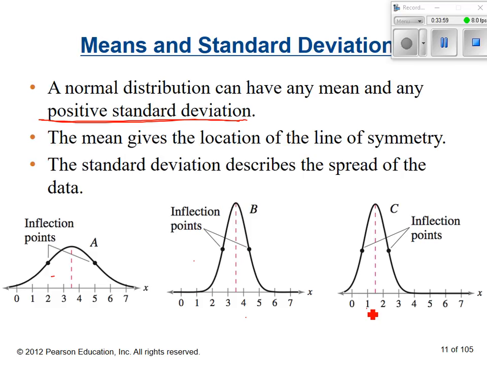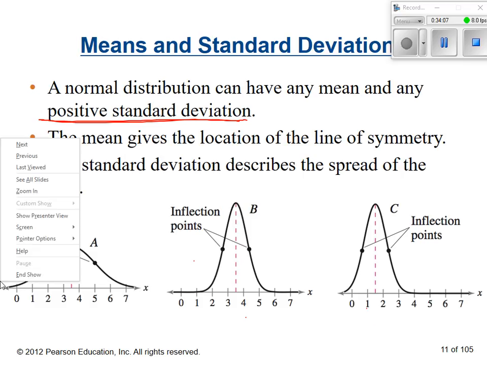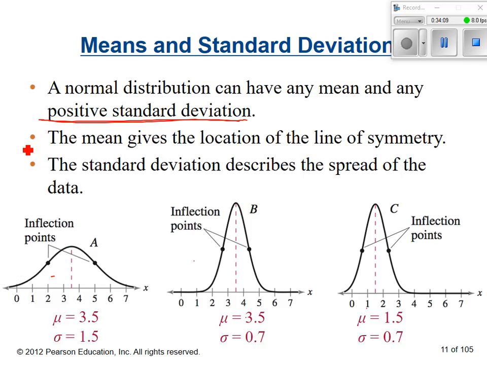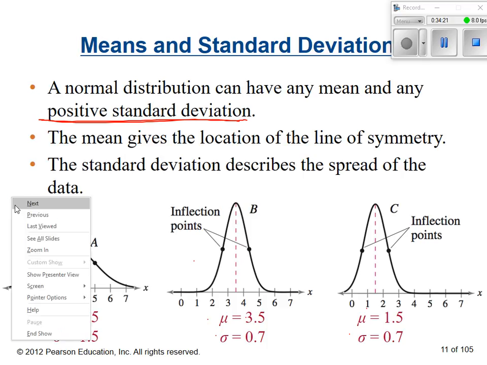If you change the standard deviation, it's going to change how steep the curve is. Notice that on these two, the standard deviations were 0.7 each. On these two, the means were the same, but the standard deviations were different.